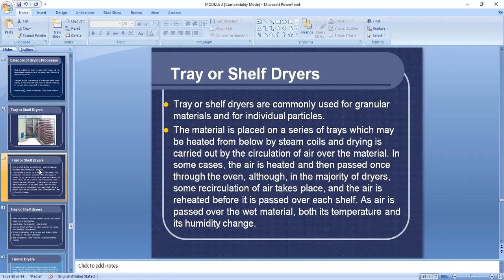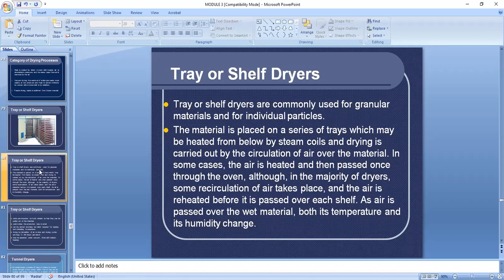Now, in some cases, the air is heated and then passed once through the oven, although in the majority of this type of dryer, some recirculation of air takes place, and the air is reheated before it is passed over each shelf. As air is passed over the wet material, both its temperature and its humidity change.